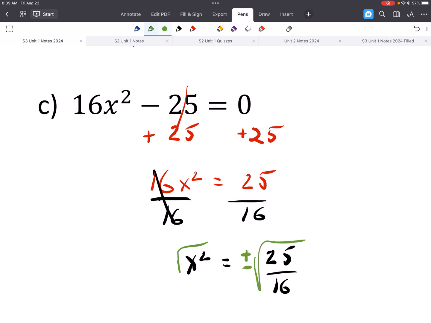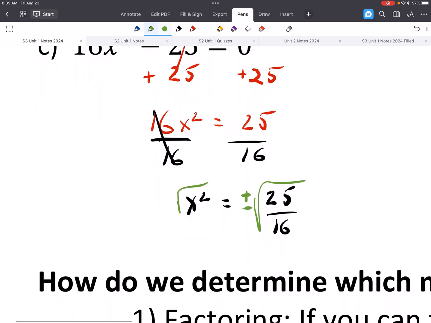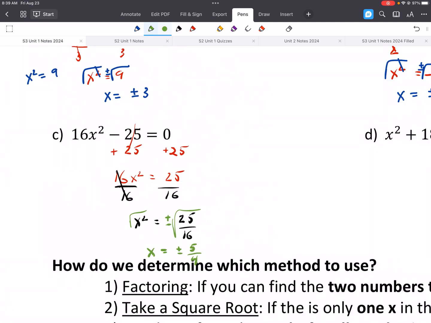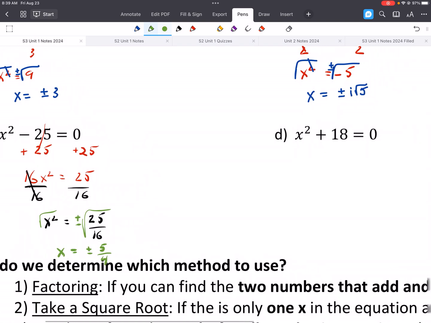So the 25 over 16 can't be simplified, right? So we'll just have to leave it how it is, but we can square root the numerator and the denominator separately. So we'll get plus or minus 5 over 4. Okay? And you'll get the same answer if you factor instead, using difference of squares.